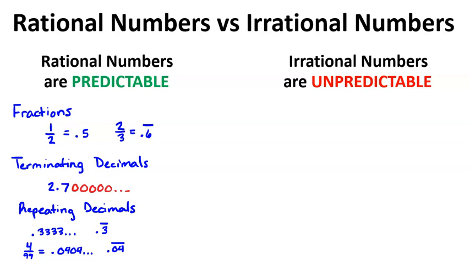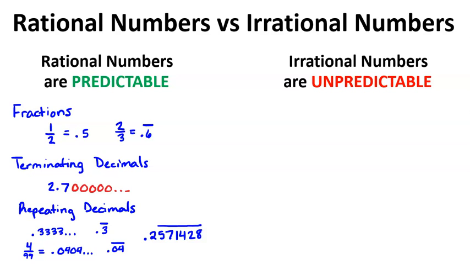But then you get some fractions that get really crazy. So let's say 9 over 35. It gives us a wild looking decimal. But remember, all of our fractions can be written as terminating or repeating decimals. So 9 over 35 is actually 0.2571428, and all of these actually repeat.